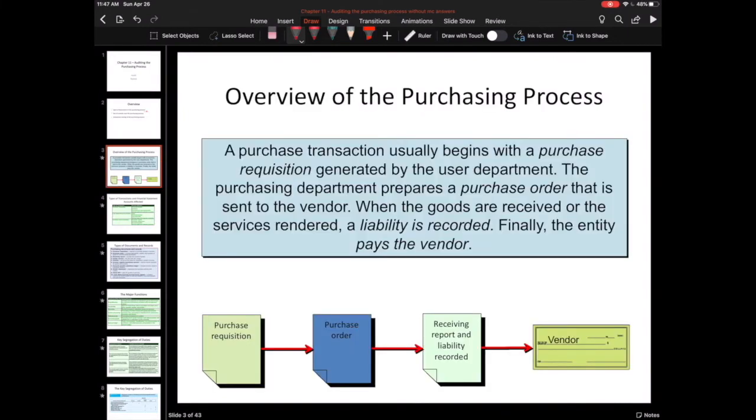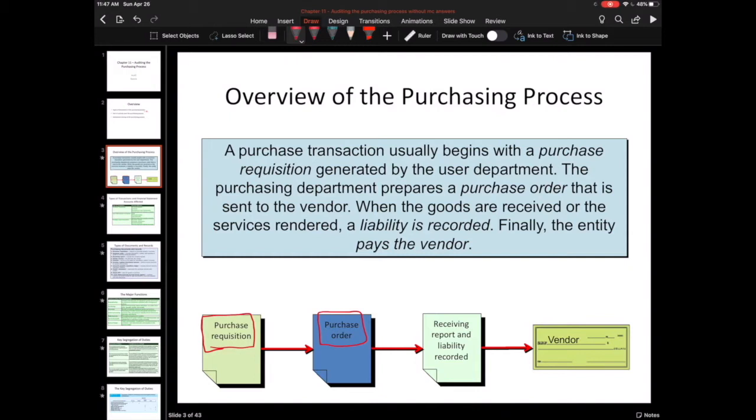Remember, the purchasing process is going to start with a purchase requisition, which will be generated by a user department. And then they will send that purchase requisition to the actual purchasing department, and they will generate a PO, which will be sent out to a vendor.